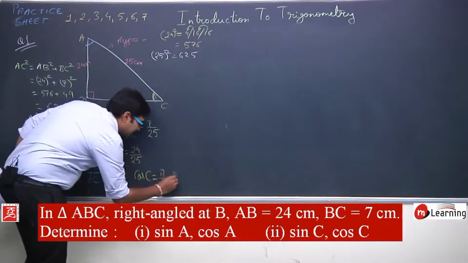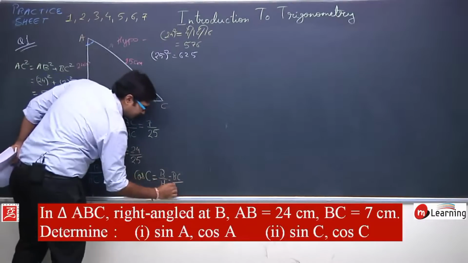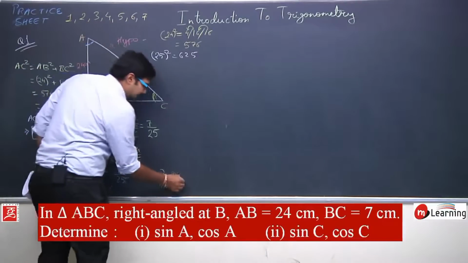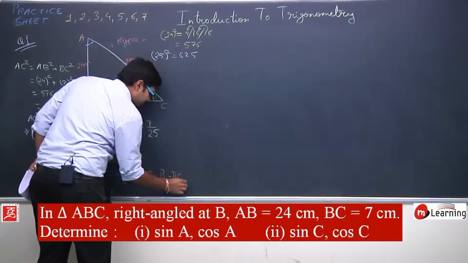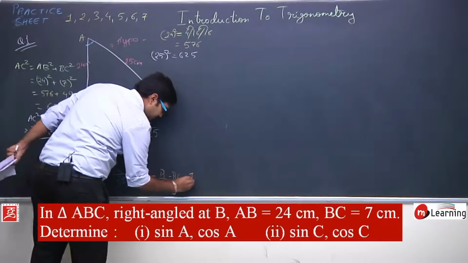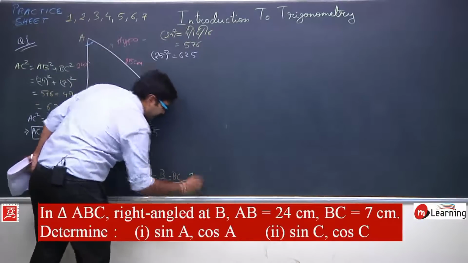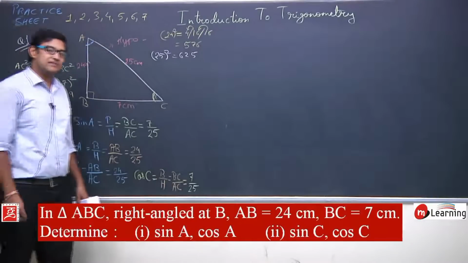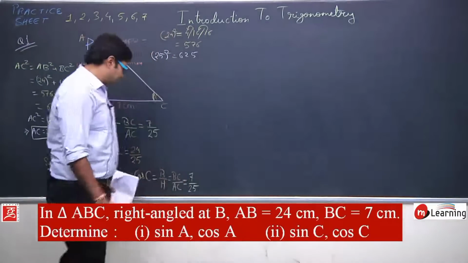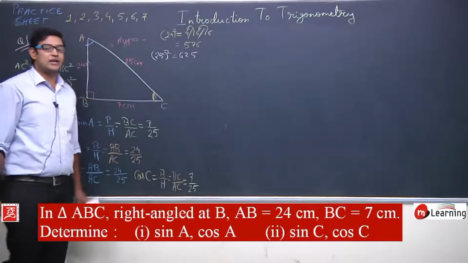So this is equals to BC upon hypotenuse, that is AC. AC is the hypotenuse. So BC upon AC, this will give you BC is 7 centimeters and AC is 25 centimeters. That's why cos C is 7 upon 25, जैसा कि हमें मिल गया.